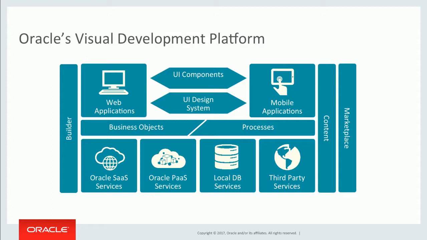We're not just focusing on building the UI, we're also allowing you to build the business objects, the objects that actually access the data, expose the data, and do all the operations on the data. The data can come in from a database that is included in Application Builder Cloud Service or from any third-party REST service. We can also tie those business objects into processes.